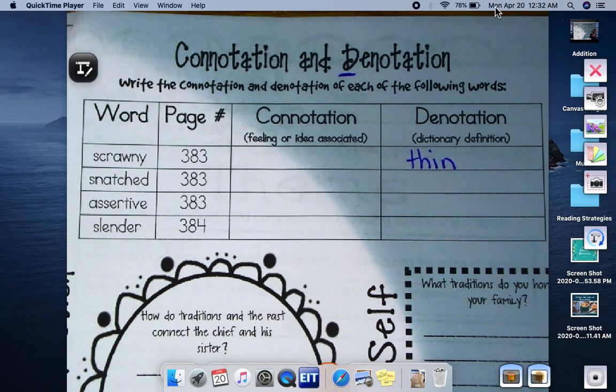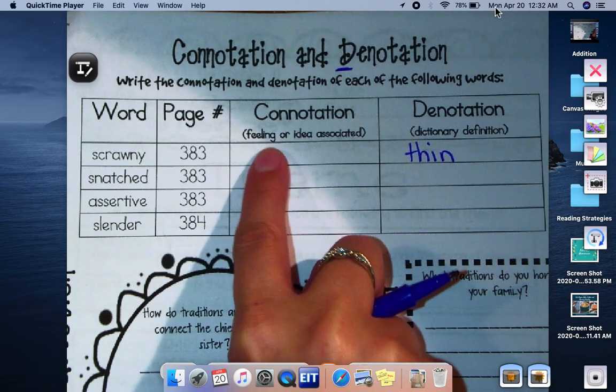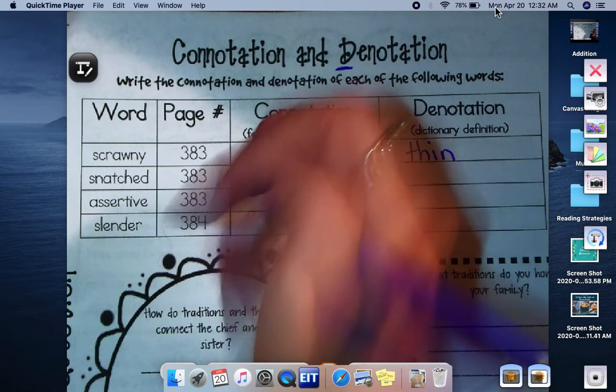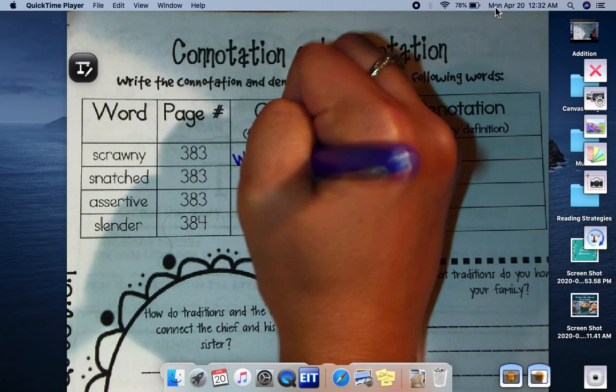Scrawny means thin. However, when I'm looking in the story and he's thinking about his little sister who was snatched away, then not only am I getting the feeling that she's thin, but I'm getting the idea that she's weak or vulnerable.